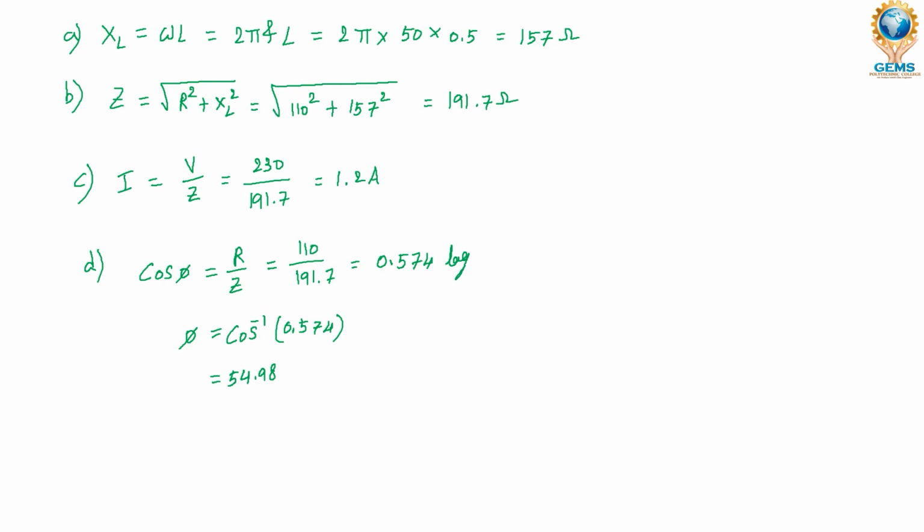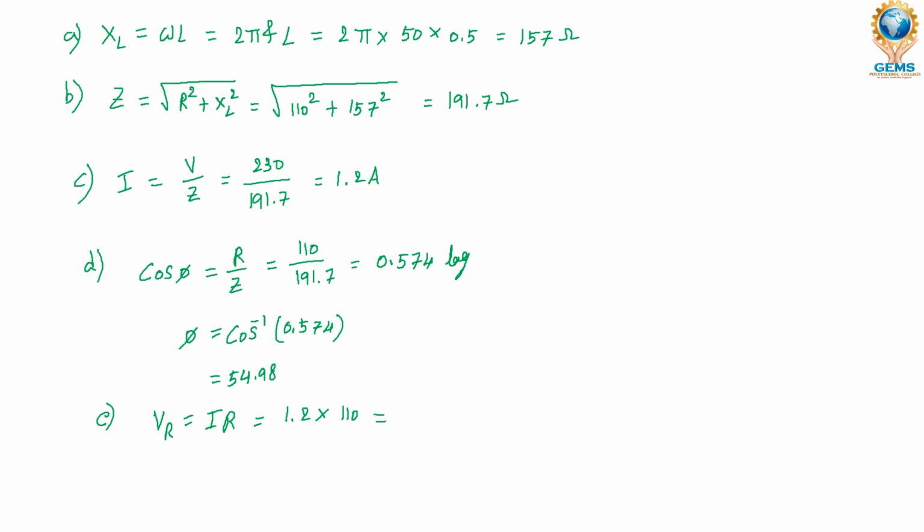Next, voltage drop across the inductor. We will calculate both VR and VL. What is the formula for VR? VR equals I into R. Current value is 1.2 into resistance value 110 ohm.